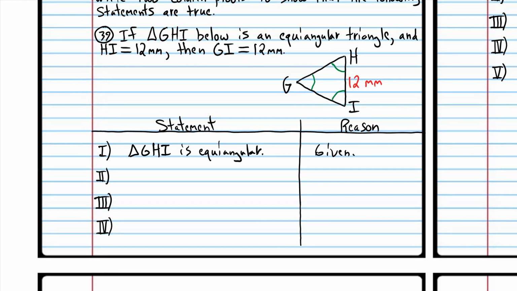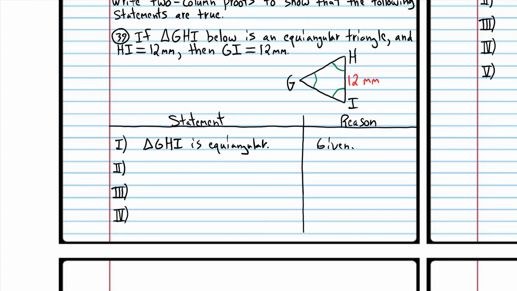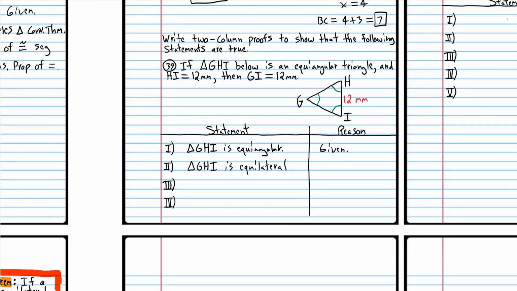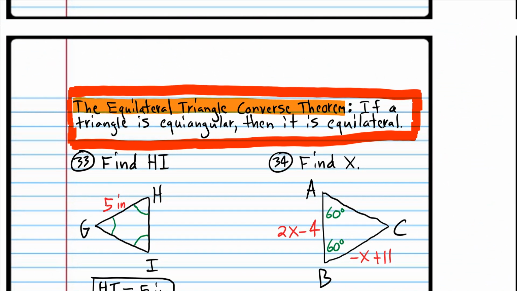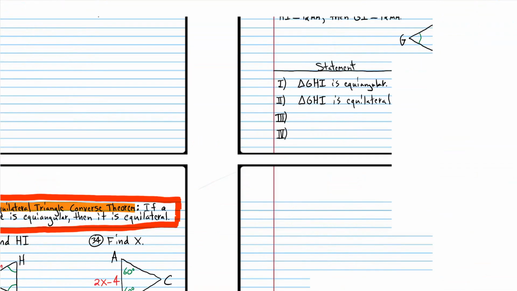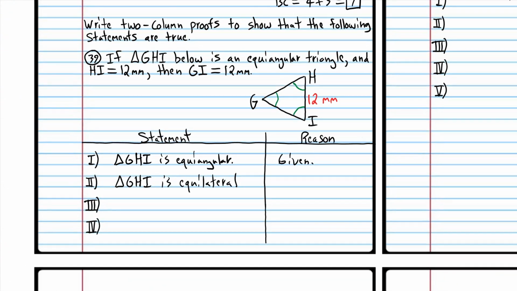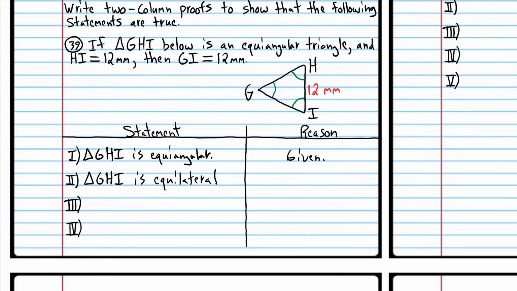Now, if triangle GHI is equiangular, then that proves that triangle GHI is equilateral. So how do we know that? Well, we know that by the Equilateral Triangle Converse Theorem. If a triangle is equiangular, then it must be equilateral. So GHI is equilateral. So that is the Equilateral Triangle Converse Theorem.